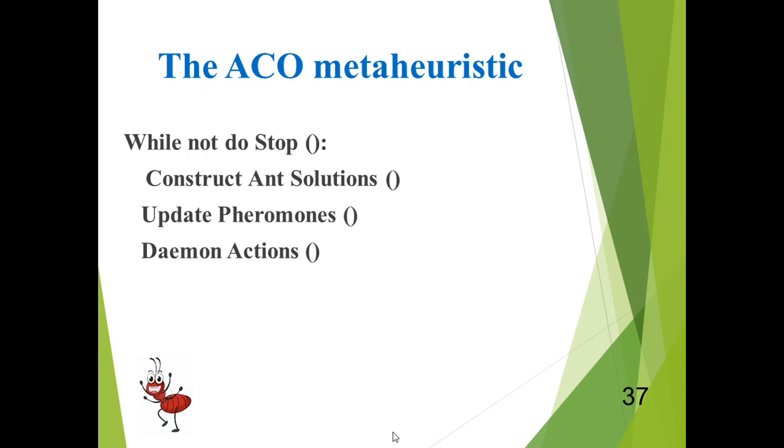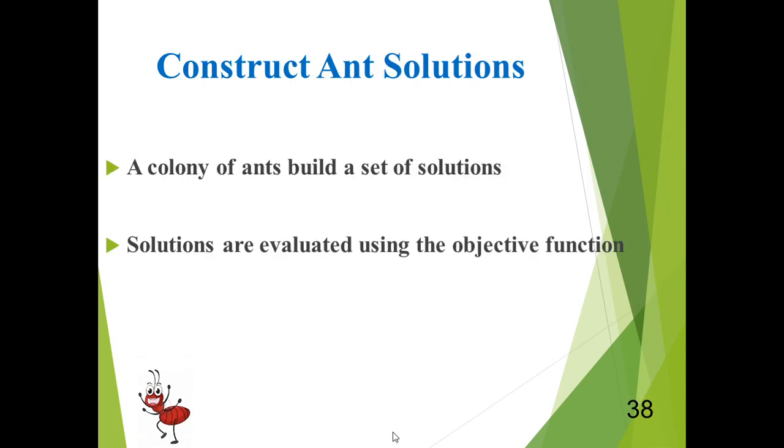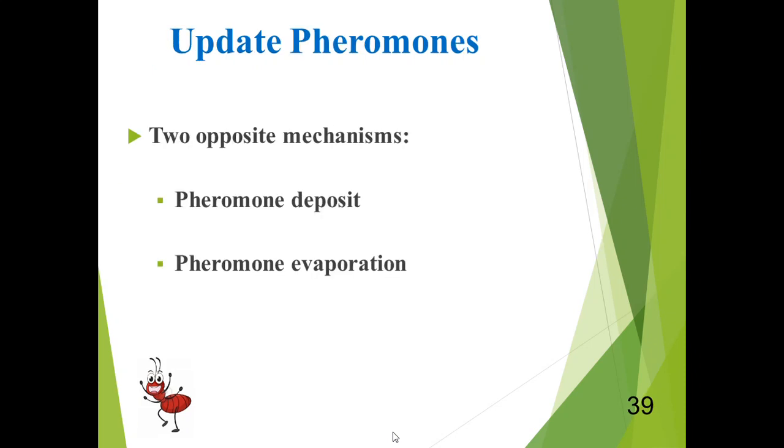The ant colony optimization metaheuristic: while not stop, construct ant solutions, update pheromones, daemon actions. A colony of ants builds a set of solutions. Solutions are evaluated using the objective function, then update pheromones.